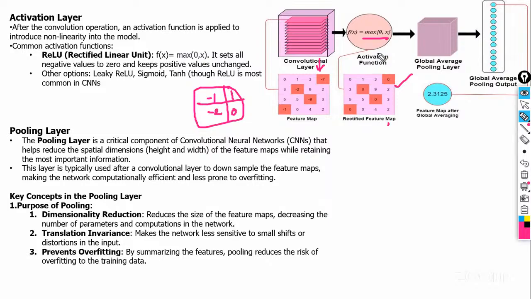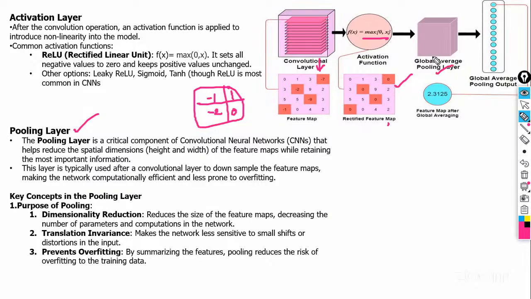Then we have the pooling layer. Probably in the next session, we'll discuss what the pooling layer is. What is the purpose of using a pooling layer on the output of the convolution layer? Once you get a convolution output from the convolution layer, that will be passed to the pooling layer. Why? We'll understand.